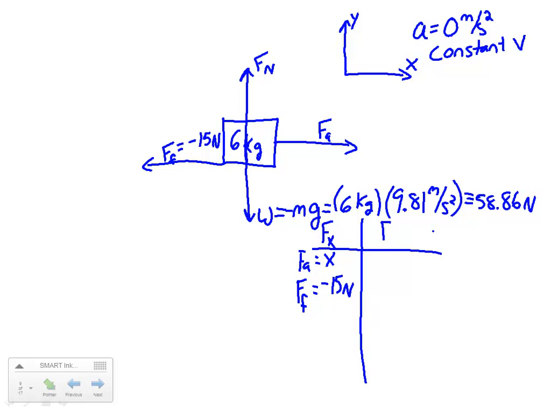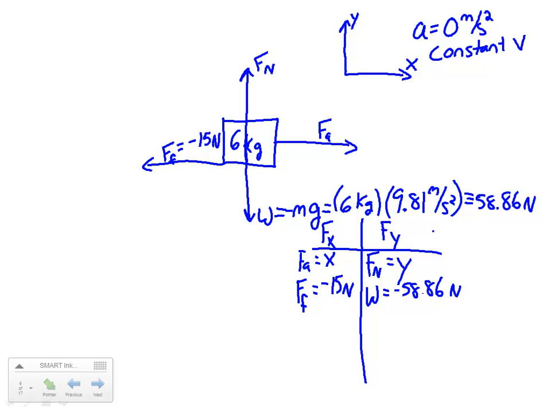How about the y direction? I've got the normal force, which I don't know yet, so I'm going to call that one y, and I've got the weight, which is negative 58.86 newtons.